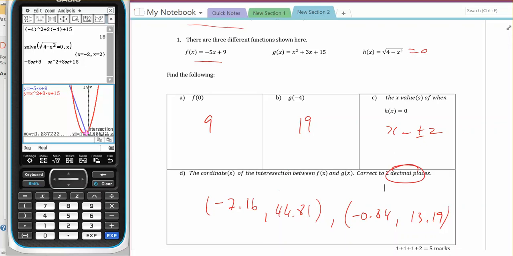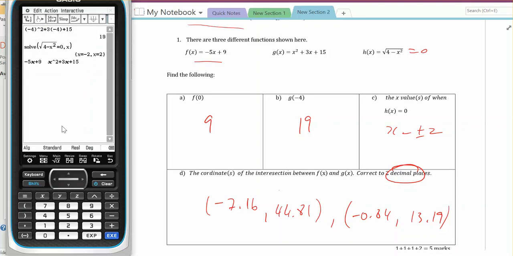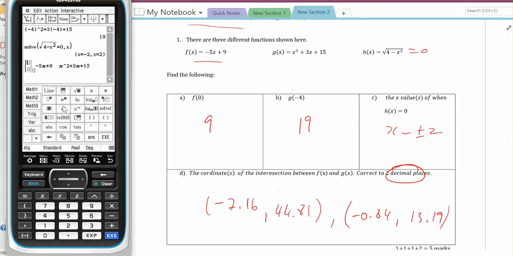Next question. You can obviously use the simultaneous tool so that you have another method of solving it. You can use the simultaneous tool to solve this. Click enter. What you can do is copy and paste these two functions in.